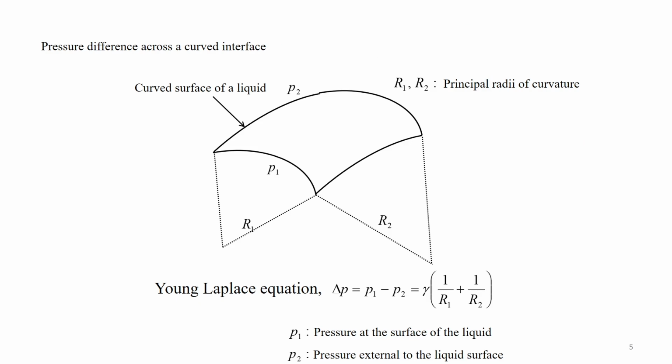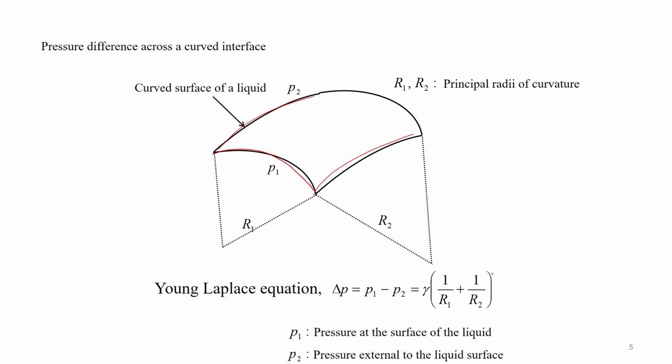There is another idea that we often use in different contexts, and that is the pressure difference across a curved interface. Let us say this is a curved interface separating two different materials, with radii of curvature in two perpendicular planes r1 and r2 respectively.